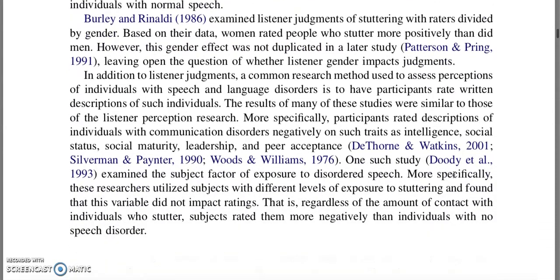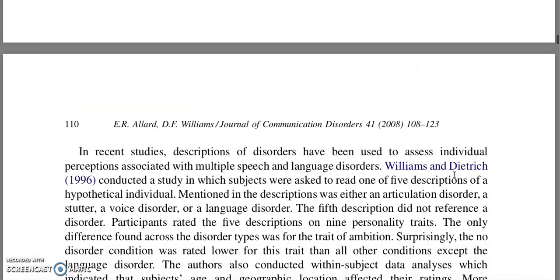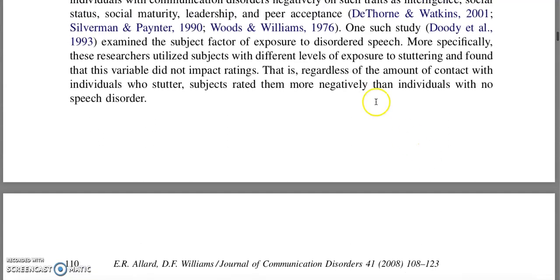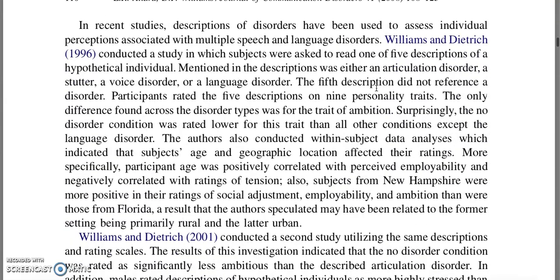And then we go here, we've got some stuff about a different angle that they might look at. So we've got levels of exposure to stuttering, and I think that's going to be a key figure in their study. So again, this is all just giving an idea of what research has already been done and where this existing research is going to fit in.